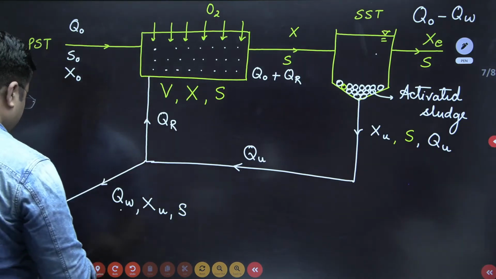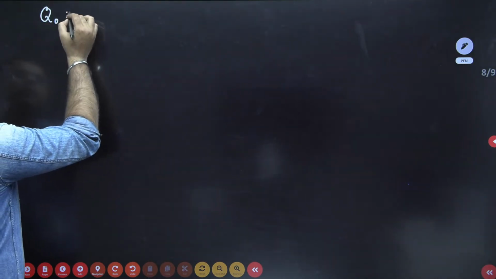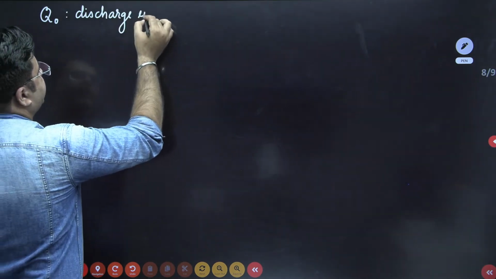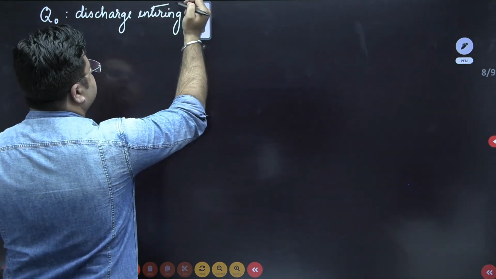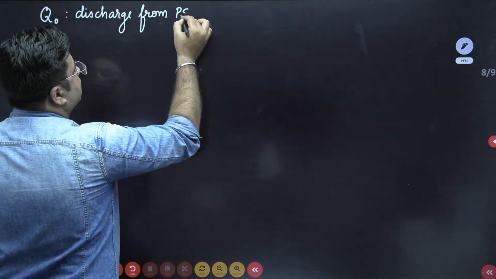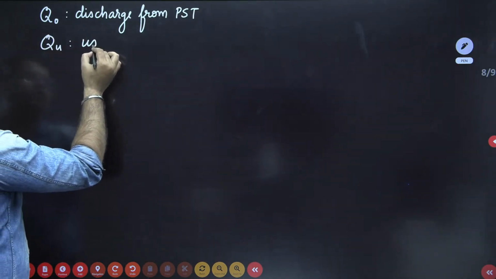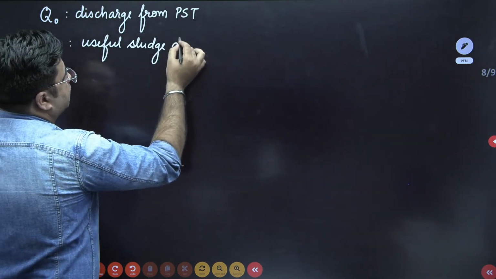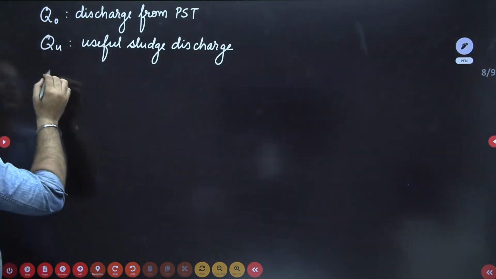So let me just write down a few things. Q0 is the discharge entering into the aeration tank, or discharge from the primary sedimentation tank. QU is useful sludge discharge.